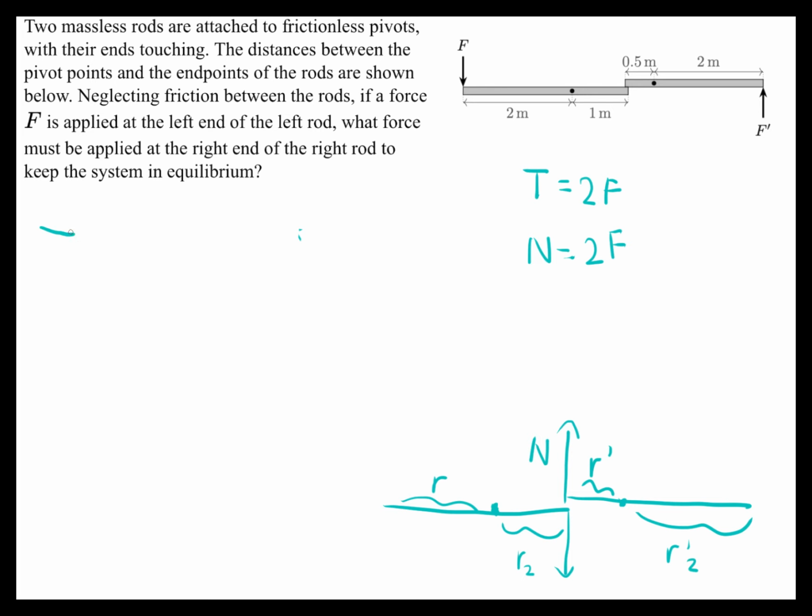I'm going to call the second torque T prime. And that is going to be equal to the distance to the pivot point, which I called R prime in this drawing here, times the force applied at the end. And R prime is just 0.5, or 1/2.